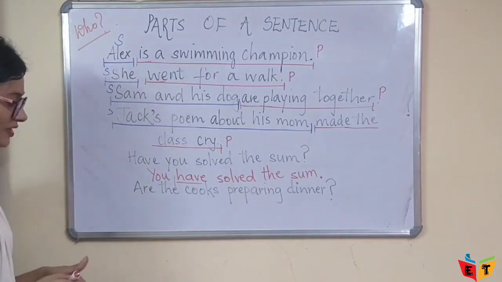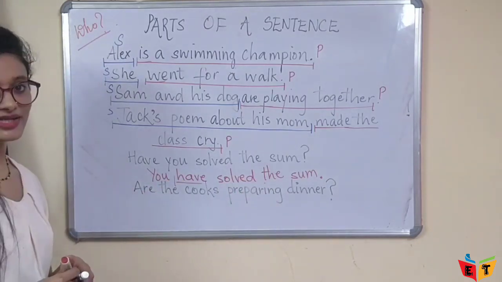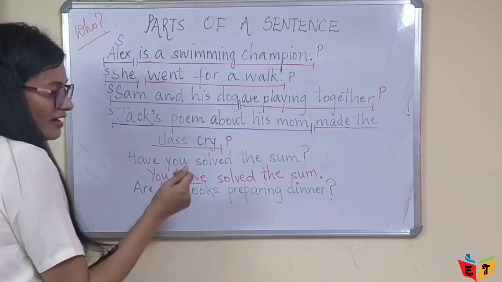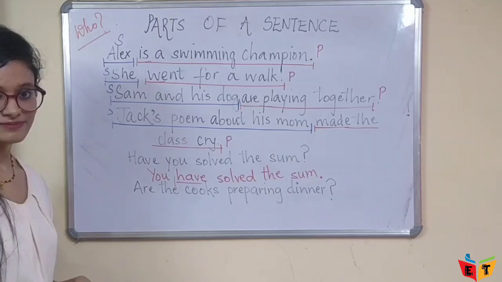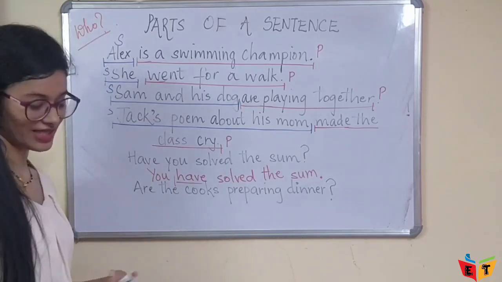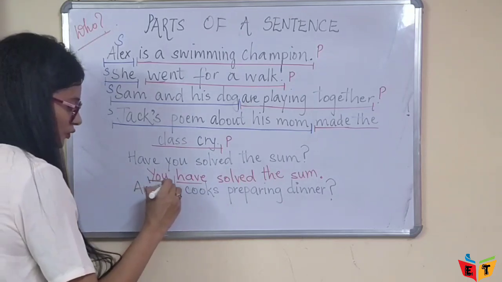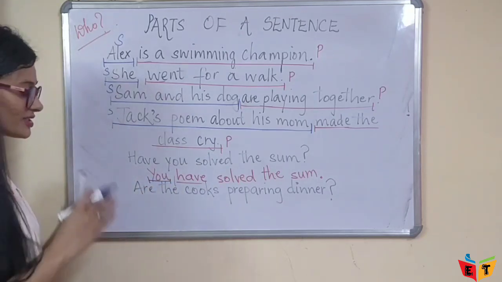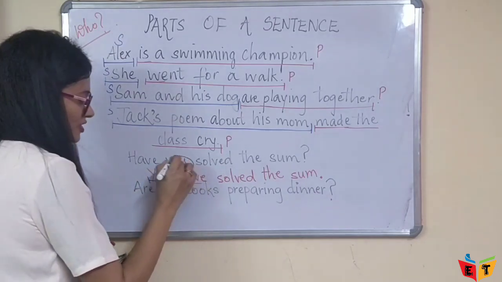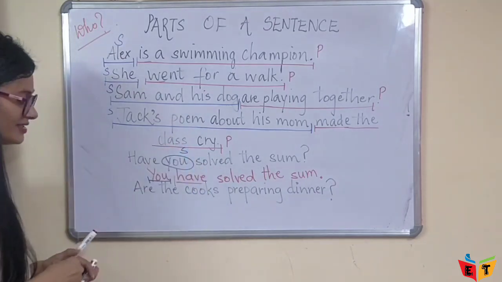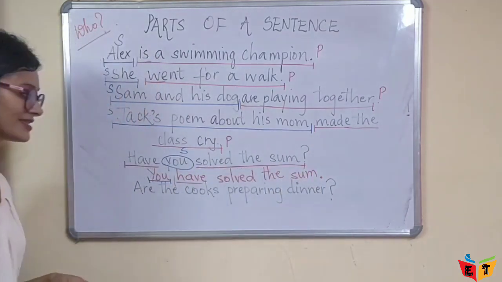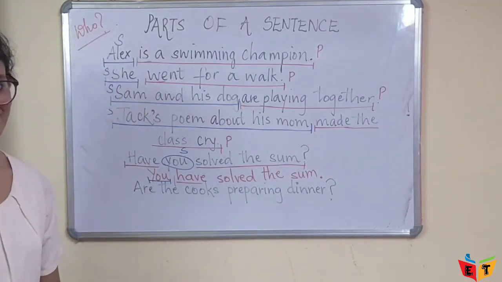Have solved. Okay. Now let's try and get the answer by asking the question who. So who have solved the sum? The answer that you get for the question who have solved the sum here is you. So the subject here is you. So you is your subject and the rest of the sentence that is left is your predicate.